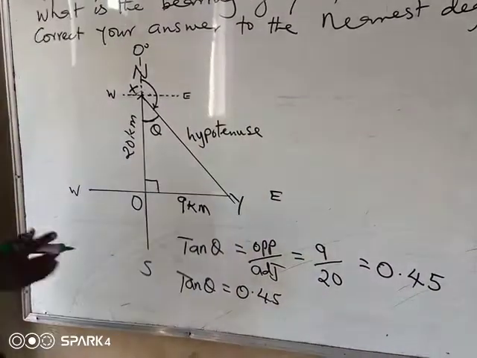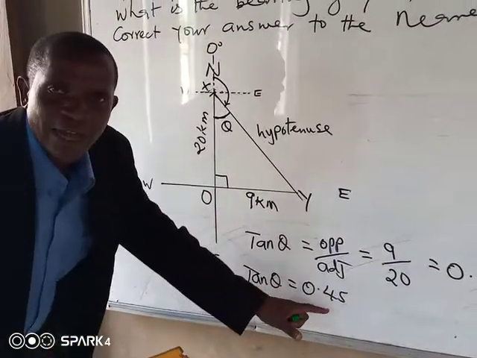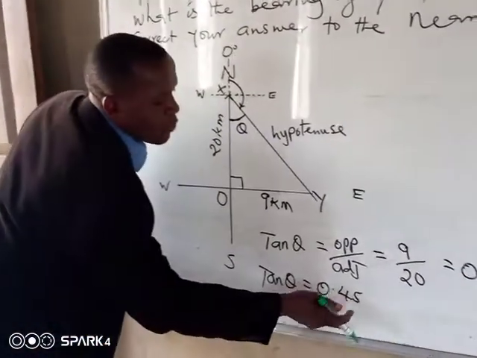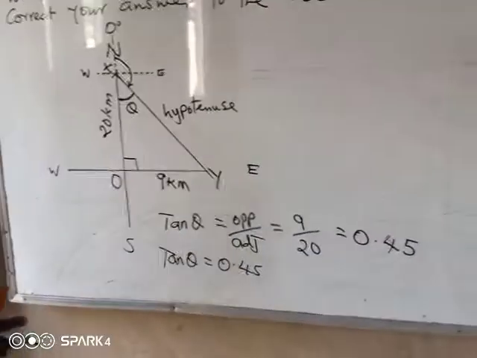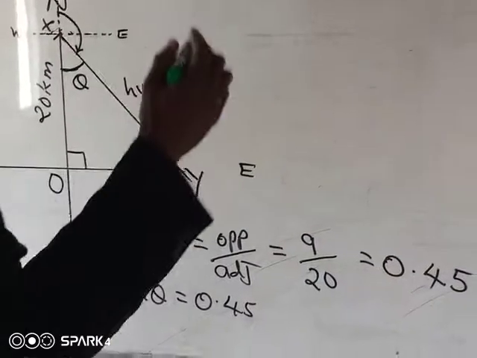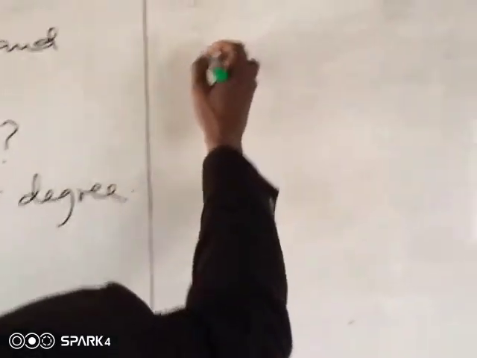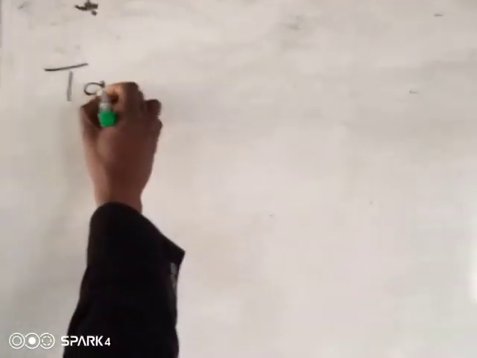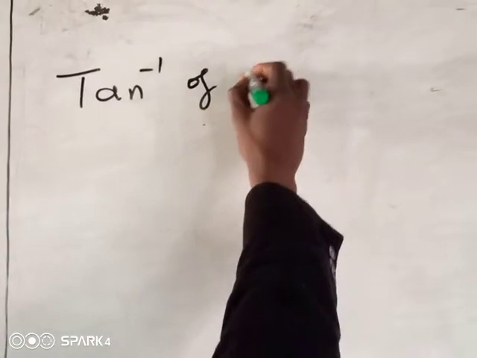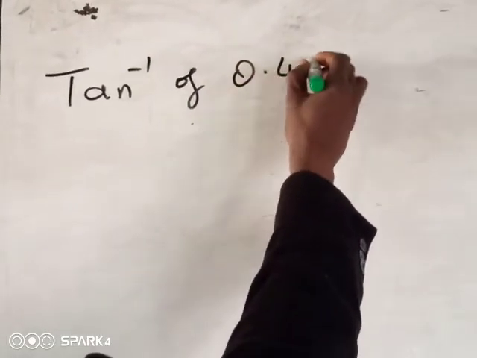0.45. But this 0.45 is not in degrees, so I must get what this value will give me in degrees. That is what we call tan inverse. So theta equals tan inverse of 0.45.